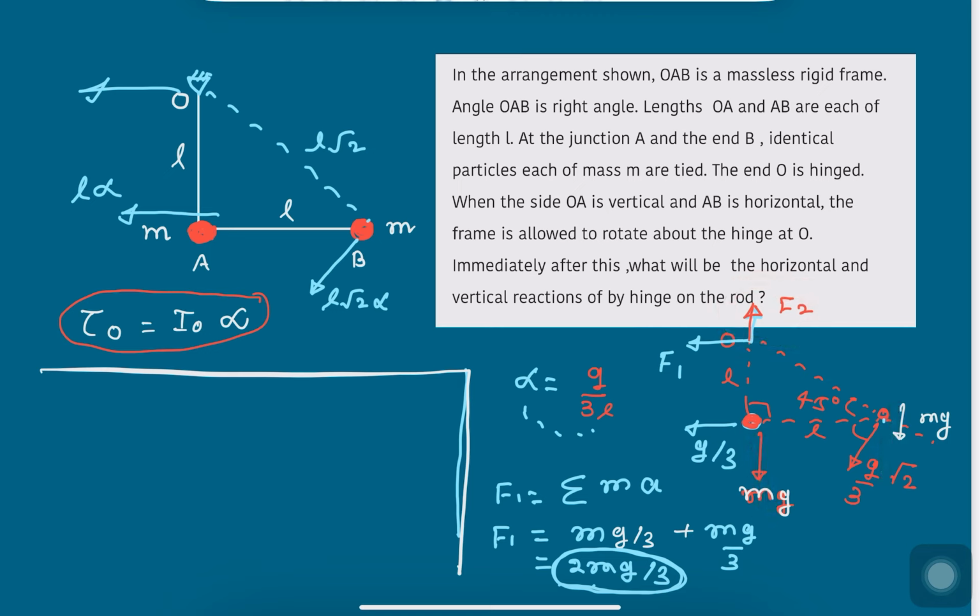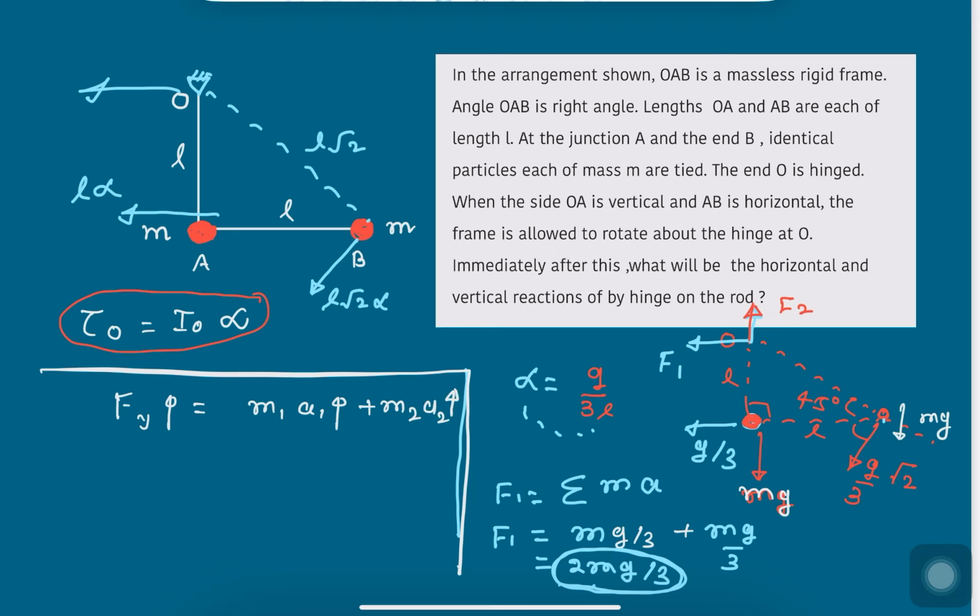Since we are observing that here we have downward components of acceleration, this will have downward acceleration, and this will have no vertical acceleration. So applying this concept, on any system, the force in any direction, say the vertical direction, will be equal to the mass of the first particle into the acceleration of the first particle in vertical, plus the mass of the second particle into the acceleration of the second particle in vertical.